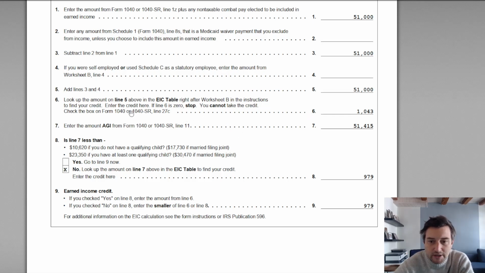Now, it does say here, right, enter the credit amount here. If line 6 is going to be 0, then you stop. You can't take the credit. And generally, that's going to happen if your earned income amount is too high, right? So if your income, and based on your filing status and the number of qualifying children you have, if your income is too high, when you look at the table, you'll find that there's a 0 figure.